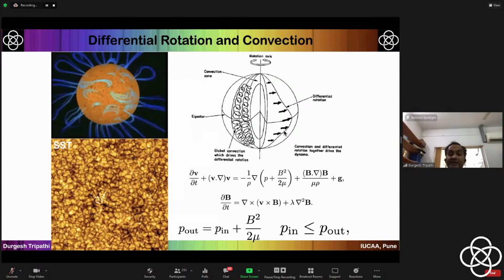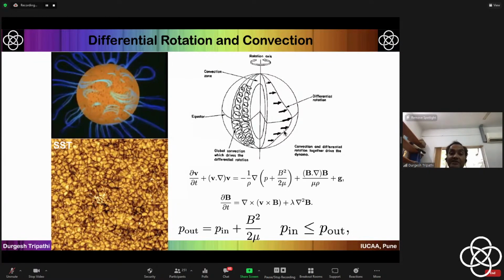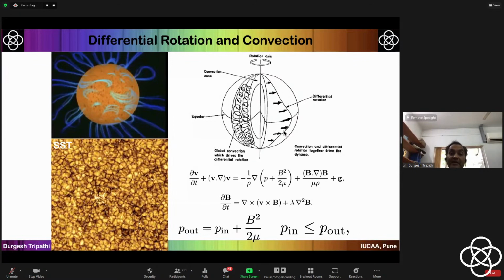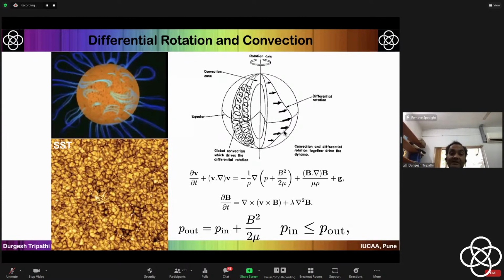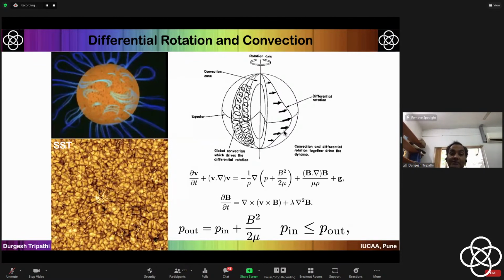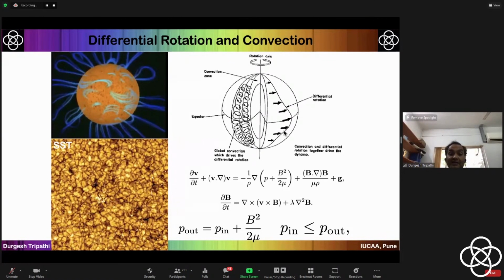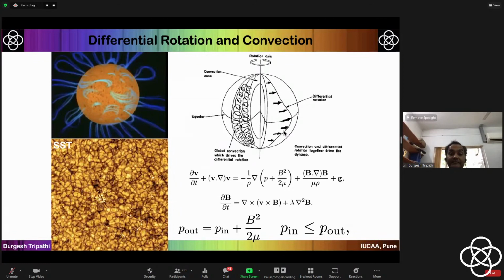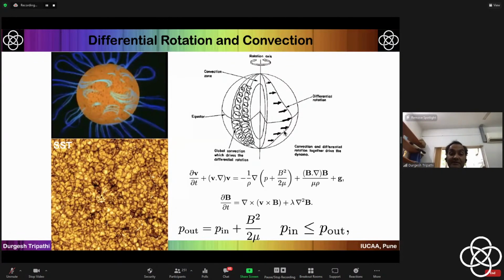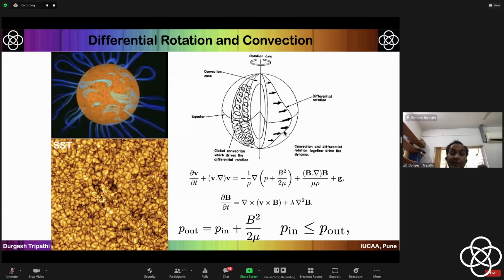And then the toroidal field will have a very strong magnetic field. Now, if the magnetic field inside is larger than outside, then the density has to be very small for the pressure balance to remain, right? And if that happens, then it's like buoyancy, right?